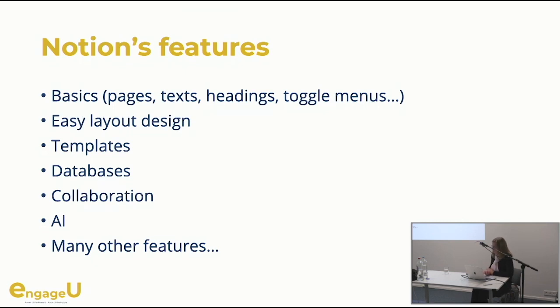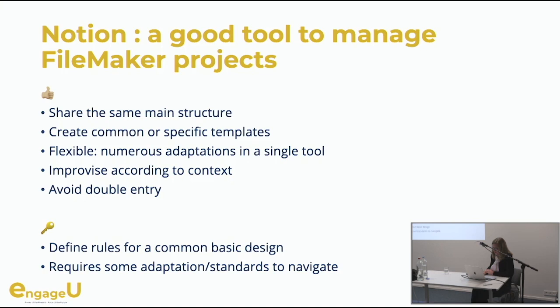Templates are very useful. Databases also, and Notion allows to collaborate very easily. I did not show you, but you can also use AI, for example, during a meeting. You write your notes and then you can ask Notion to make a summary of your notes. And many other features that I did not show you.